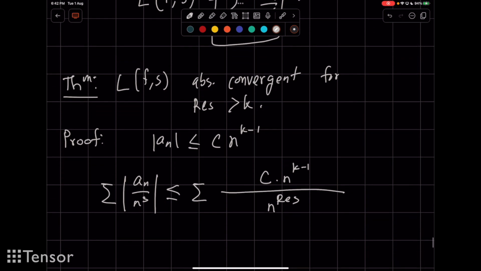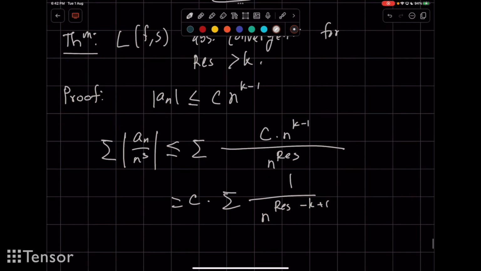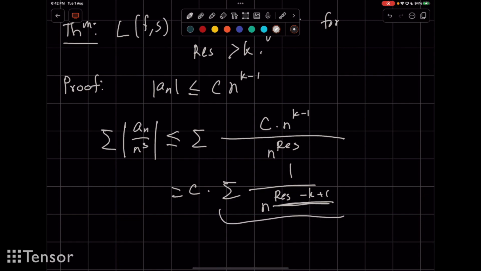So it's c times the sum of 1 over n to the real part of s minus k plus 1. If the real part of s is greater than k, then this exponent is greater than 1, so this sum converges.